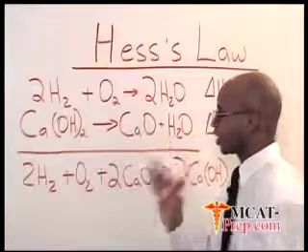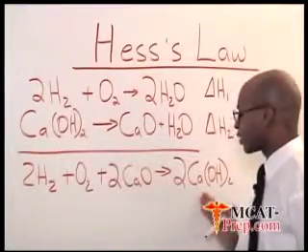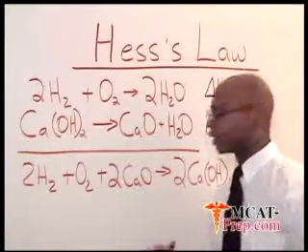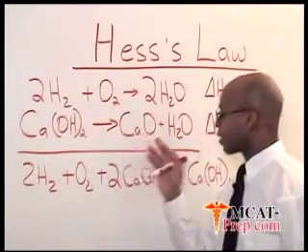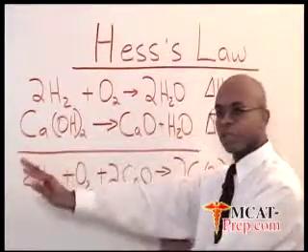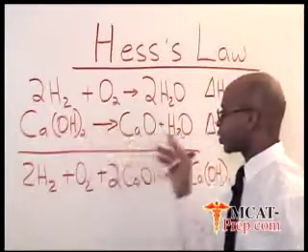Now the second equation, we have calcium hydroxide on the left side. But over here we have calcium hydroxide on the right side. Furthermore, we have 2 times it. Then we have calcium oxide, which is on the left side. So clearly we're going to have to switch the equation around. And we're going to have to multiply this equation by 2.